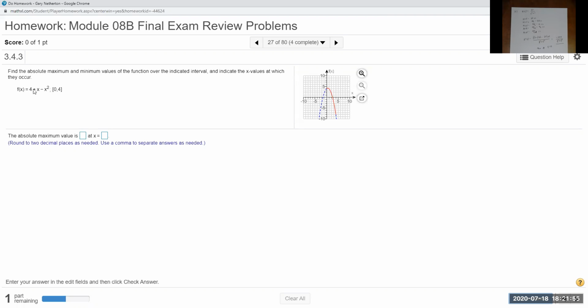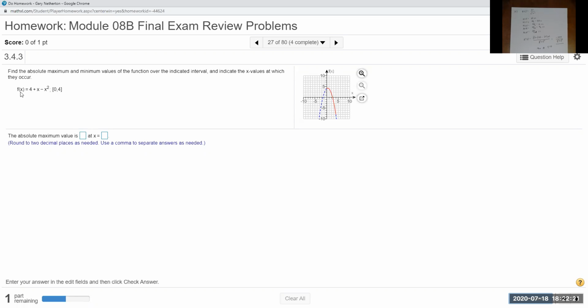So in other words, here's this function, and they're saying we're just looking when x is from 0 to 4. Greater than or equal to 0, less than or equal to 4. So we're only looking at a certain range, and within that range, we're asking what's the maximum value of the function.